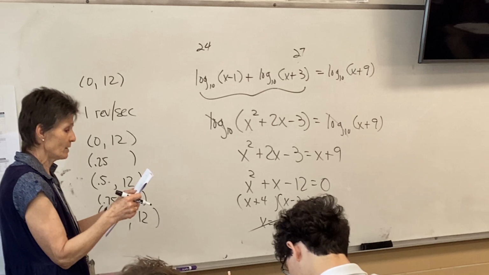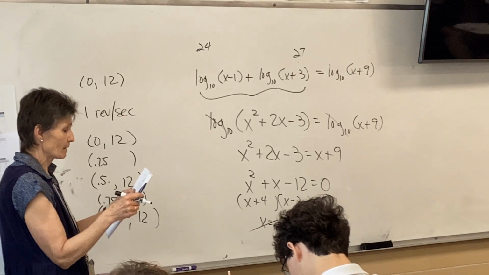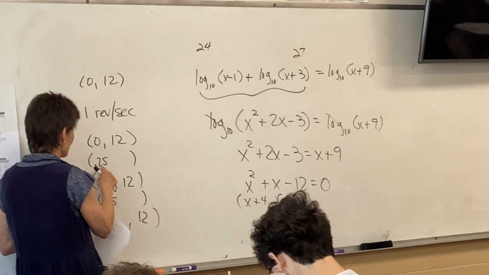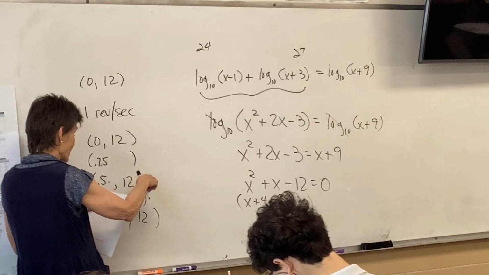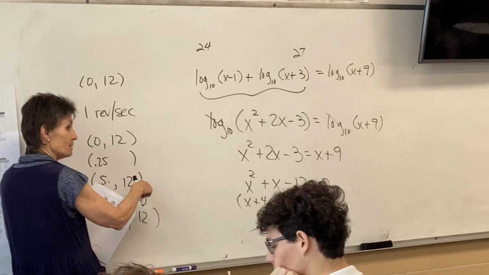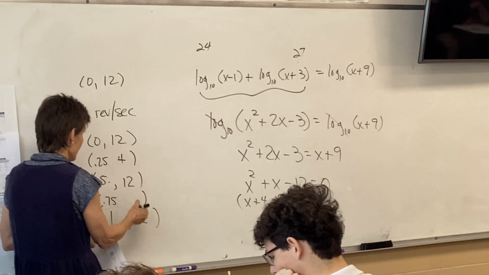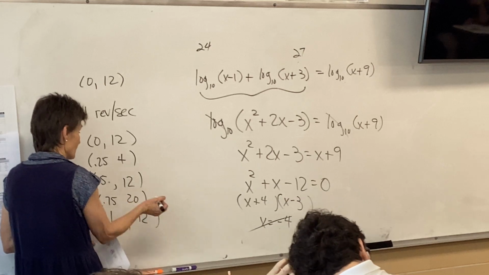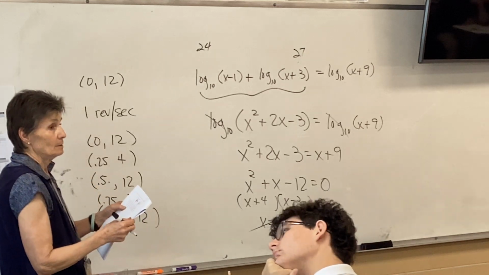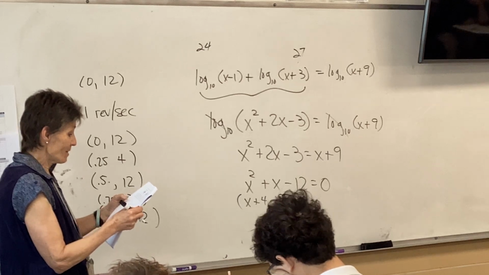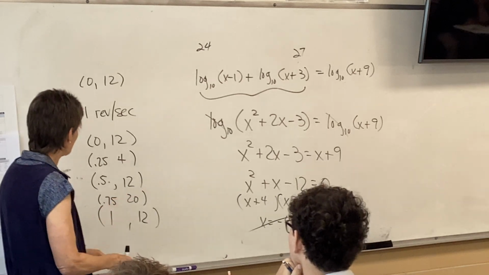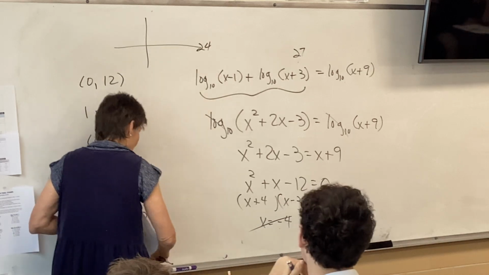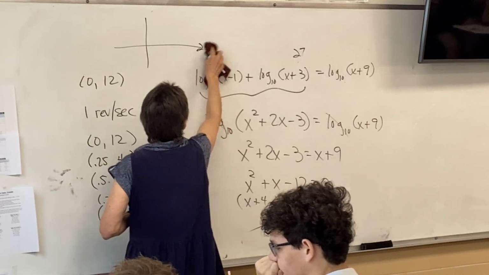So do I know which way it's going? Looks like it's going down. So at a quarter, it's going to be straight down, which will be 4. And here it will be straight up, which will be 20. Now from that, I need to write an equation. Okay, so did you think about plotting these maybe and looking at it?